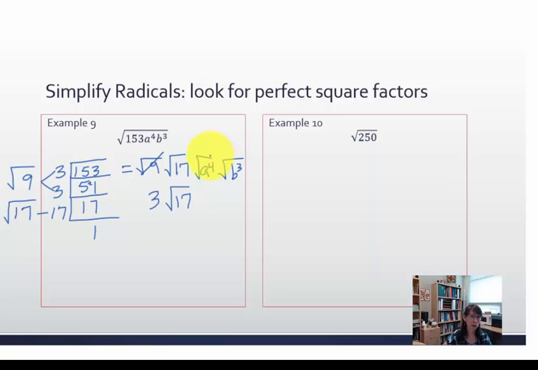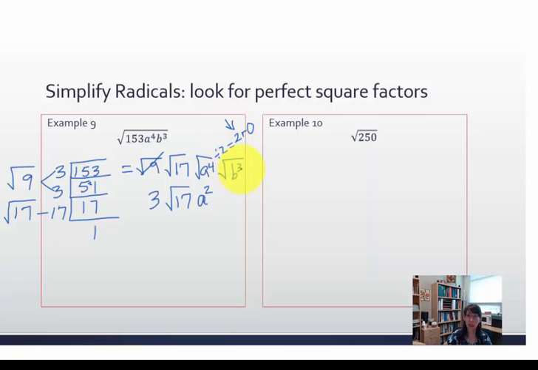To work with our variable bases, remember we are taking the exponent and dividing it by the index of 2 because these are square roots. 4 divided by 2 is exactly 2, no remainder. That tells us that that base of a will clear the radical with an exponent of 2.